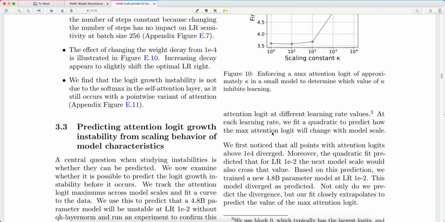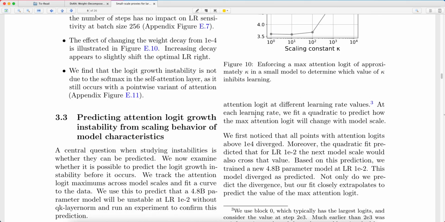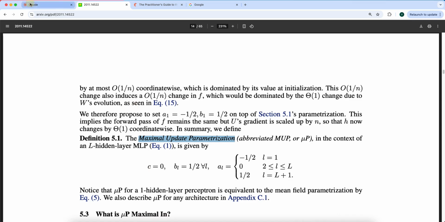We first noticed that all points with attention logits above 1e4 diverged.